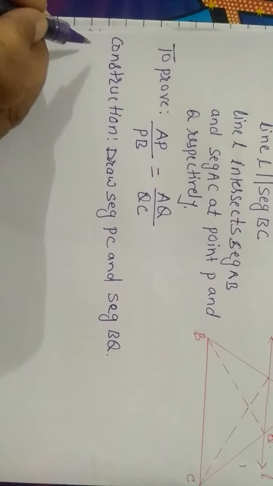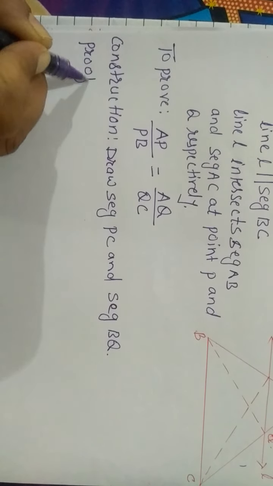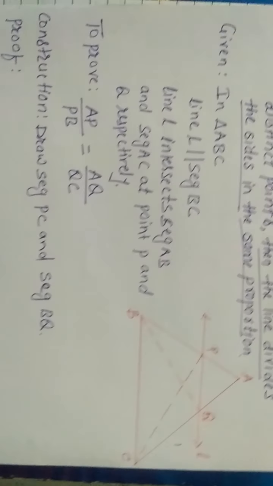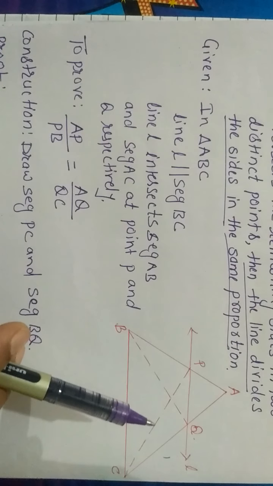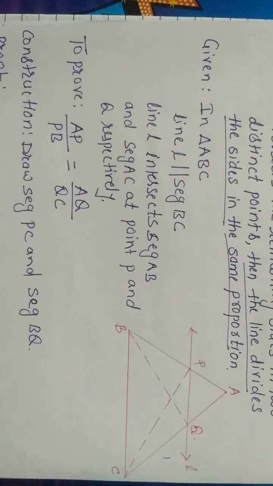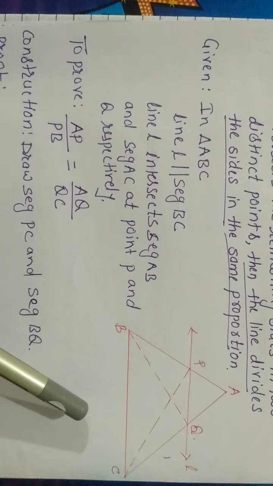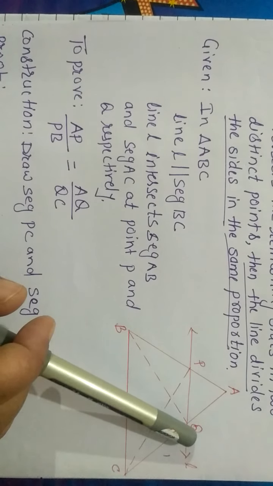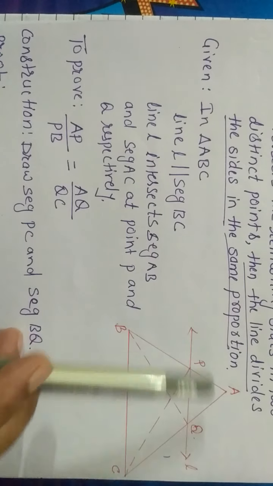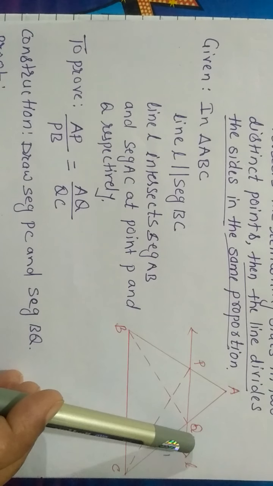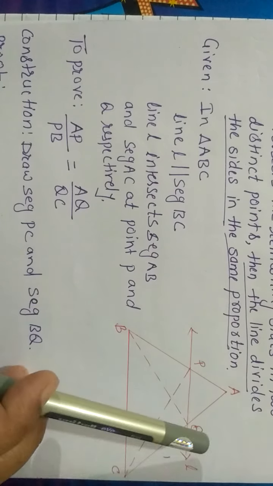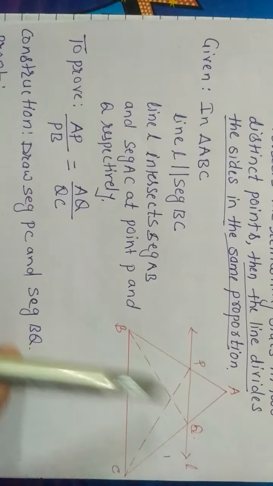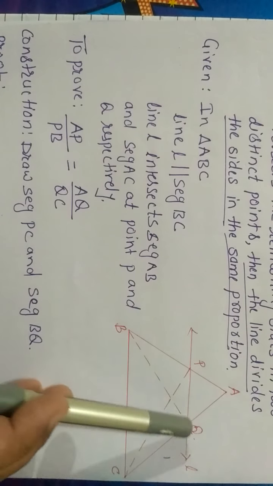Now we are going to start the proof. How to prove that? Look at the diagram. We get two triangles with equal height. Which are these two triangles? APQ, concentrate, is one triangle, and the other triangle we are considering is PQB. We consider this as the height.